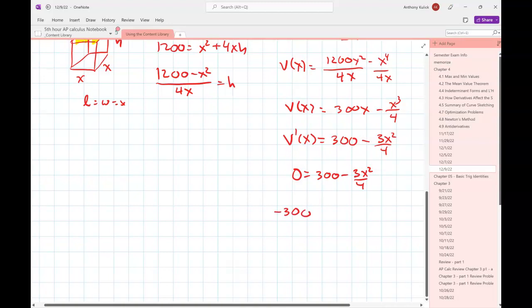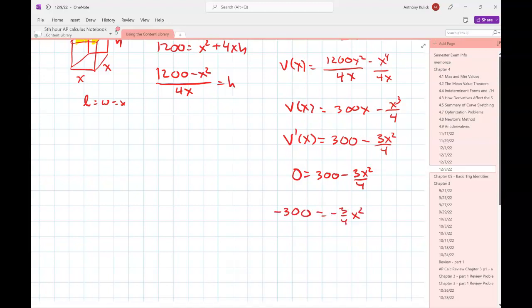So I'll subtract 300, and then I'll multiply by negative 4/3, and then I'll square root both sides. So that gives me plus or minus 20. I'm going to discard the minus 20 because it's outside of the domain of my function.